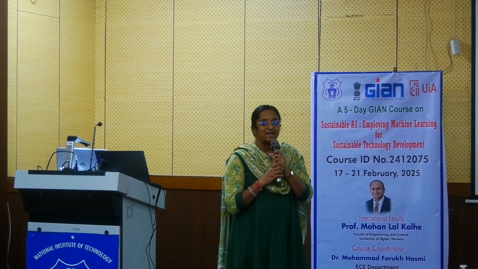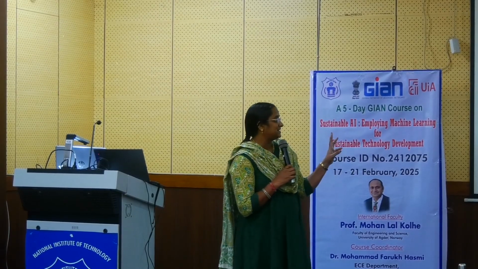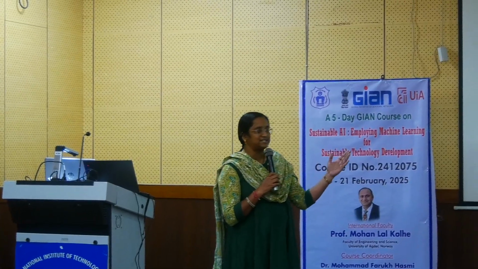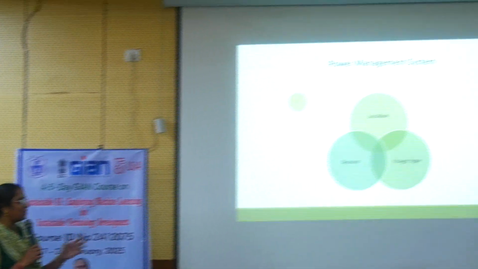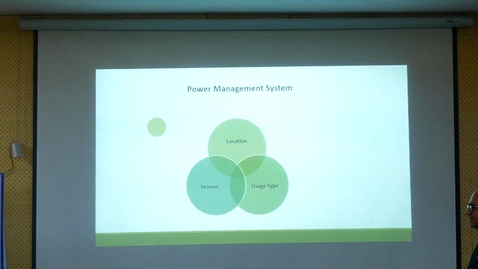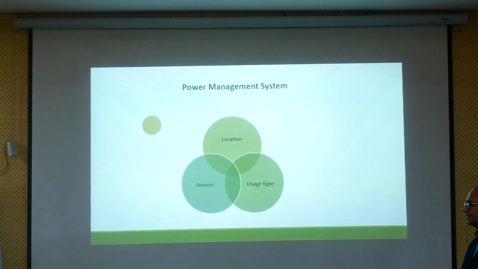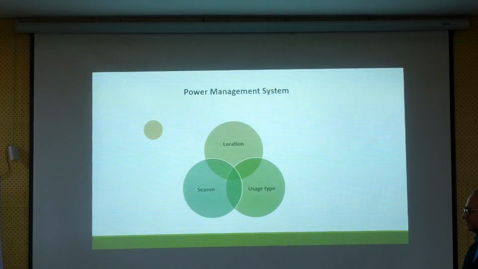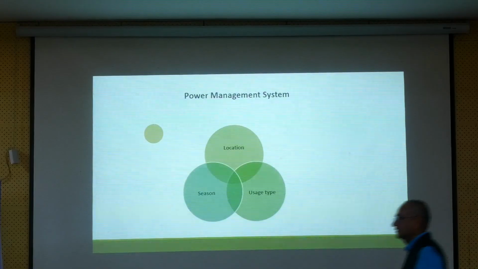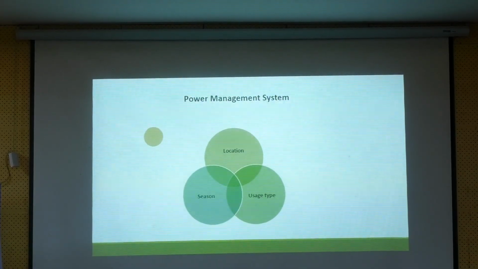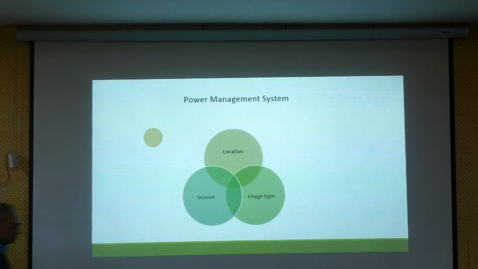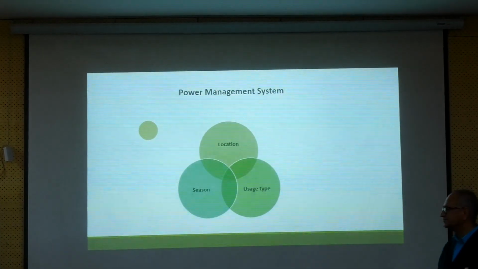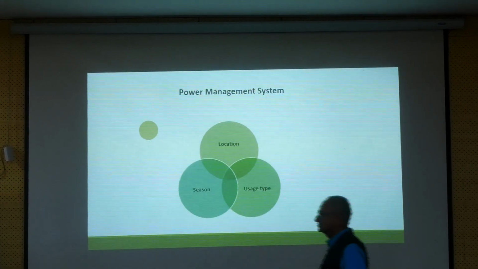I categorize power management system into mainly three, depending on location, season, and usage type. Usage type is nothing but household or industrial use, because those two play a major difference there. Now, depending on the season, the power usage will vary vastly during winter season, summer season, or rainy season.